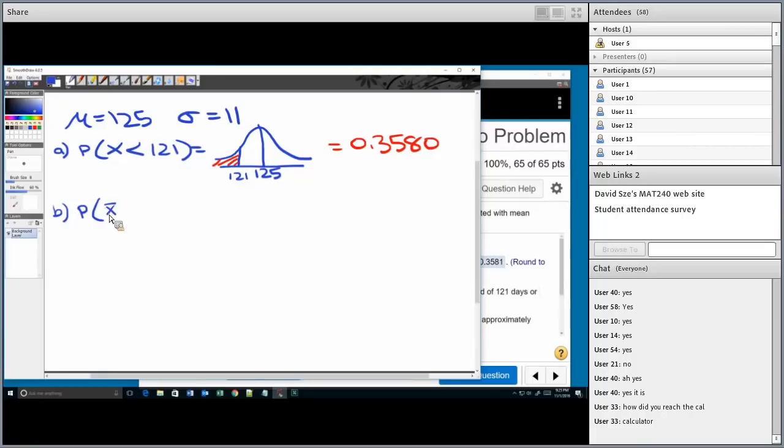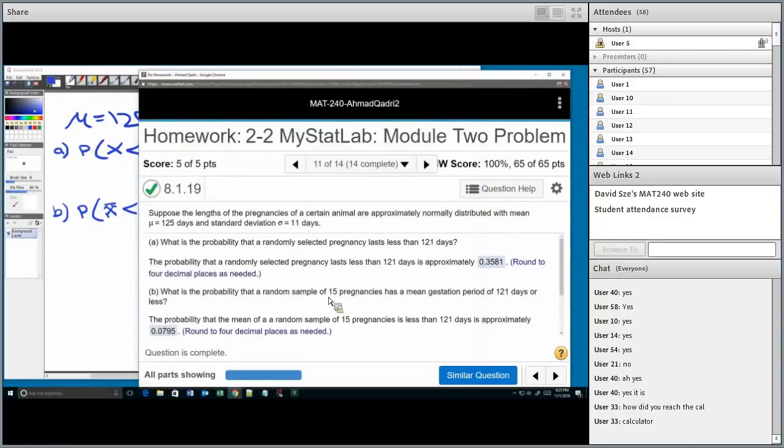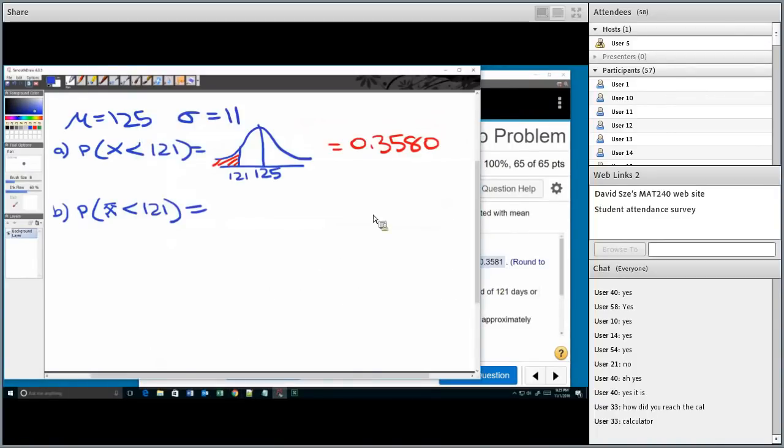X bar is less than 121. Now your sample size here says 15. So n is 15. So tell me, what is X bar bar for this?